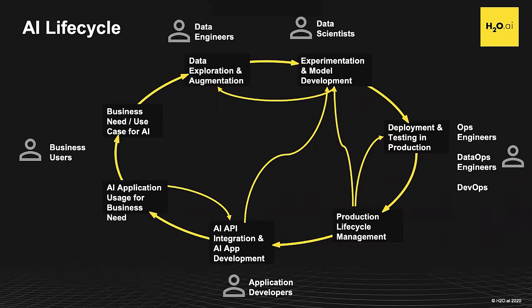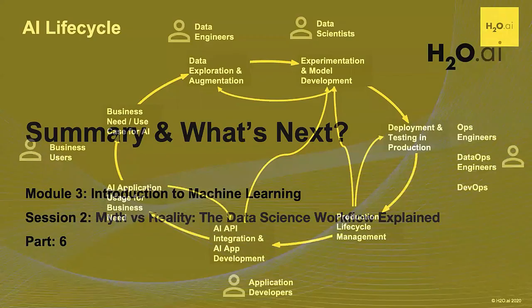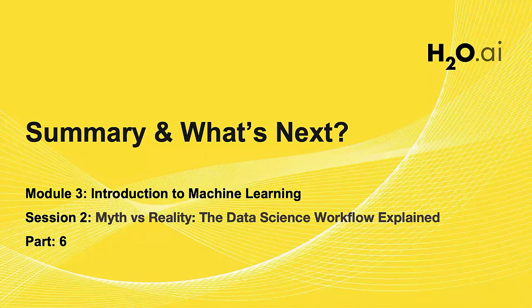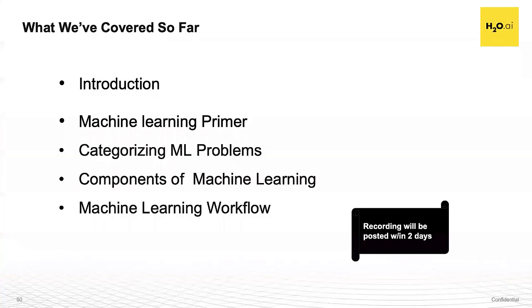And with this, I finish the last part of my session. Just a quick summary of what we covered. We understood what machine learning was, and how problems could be categorized: classification, regression, or grouping, that is clustering.